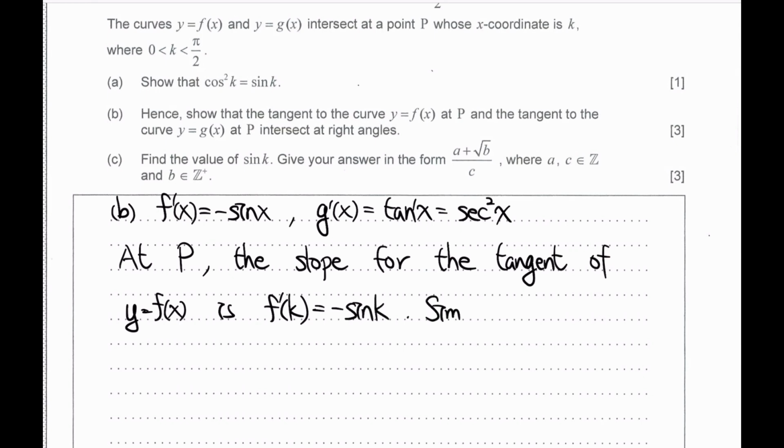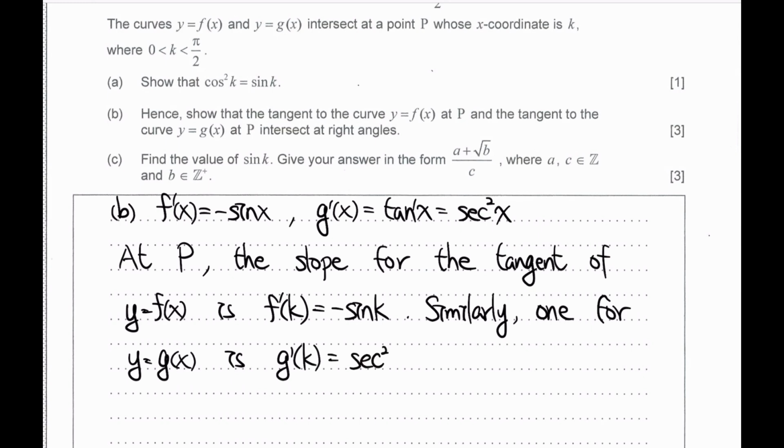Similarly, the slope for the tangent of y equals g of x is just g prime of k, which is secant square k.